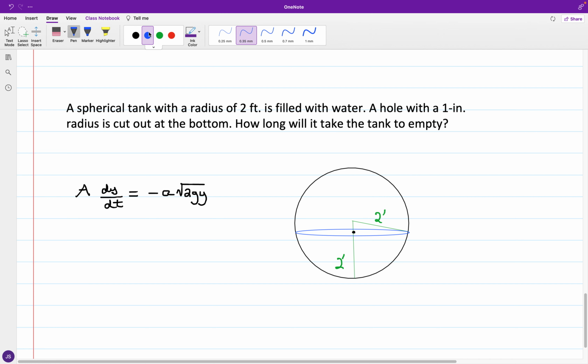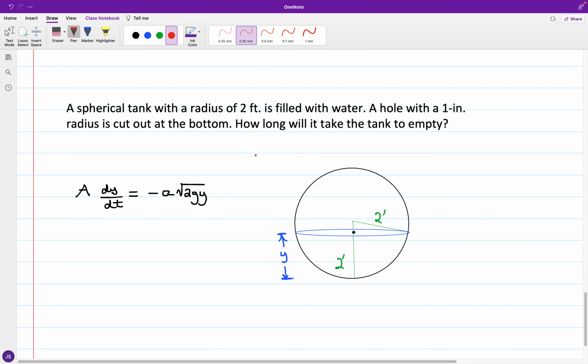Okay, now for the liquid level, again, this is going to be at y, as was the case with the circular cylinder. And what I'm going to do here is a little bit of modeling, and do a bit of a projection.